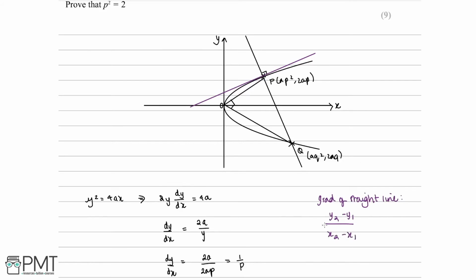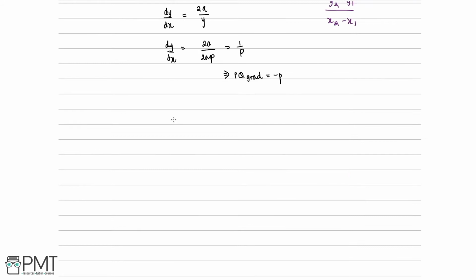Now in this case, our y2 will be 2ap, and our y1 will be 2aq. And similarly, our x2 will be ap squared, and our x1 will be aq squared. So let's find the gradient of our straight line then, or our normal, which is PQ. Because there's an a at the top and the bottom, we can cancel a's from the top and bottom respectively.